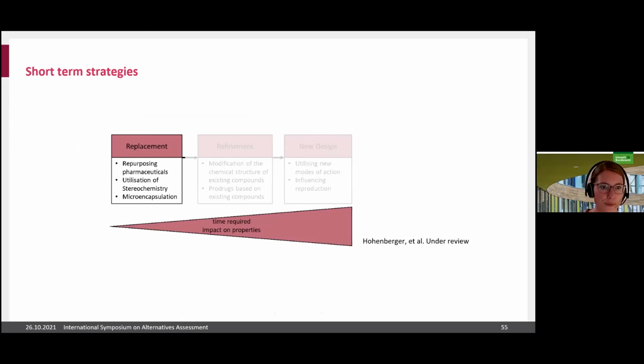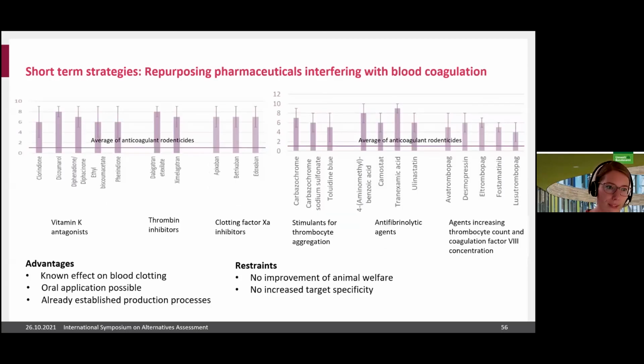So on the short-term strategies, so the least time required, however, we're talking in a regulatory context, so short-term means several years still. However, this is the shortest term we can talk about. So what we thought was, anticoagulants are not only used to control rats, anticoagulants are most often used to treat humans. So there are a lot of other chemicals already there that interfere with blood coagulation.